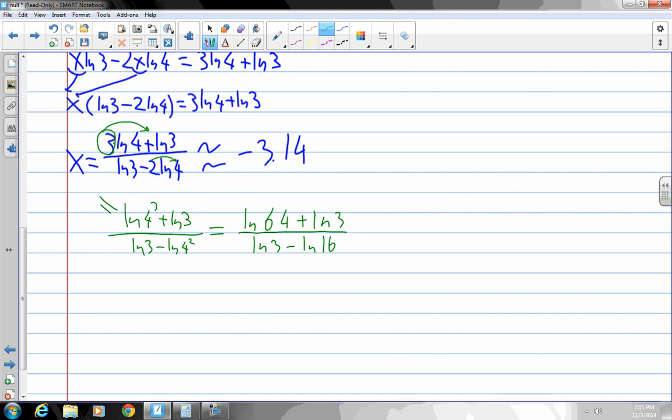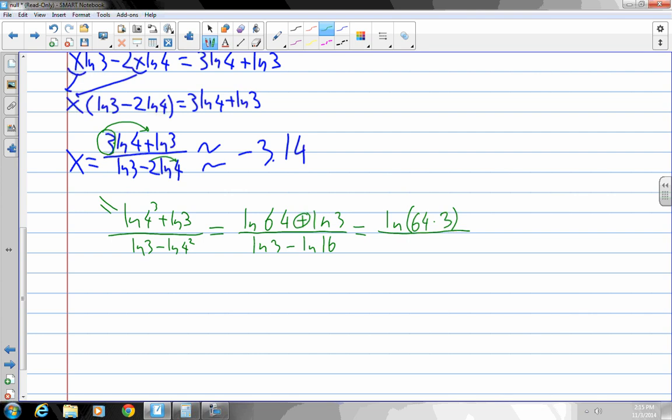Is that okay how I got this part? In the numerator I have addition. The sum of logs becomes a log of a product. It's the same thing as natural log of 64 times 3. Do you agree with that?